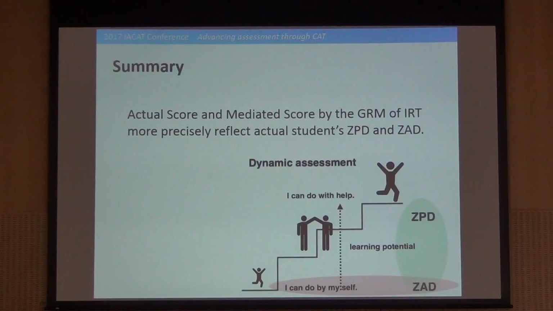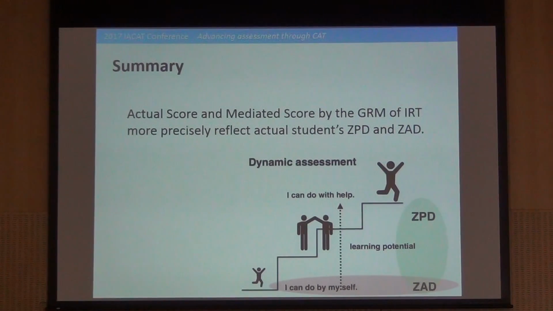The actual score and mediated score by the GRM of IRT more precisely reflect the actual student ZPD and ZAD, because we can estimate student ability and difficulty separately according to the graded hint provided.